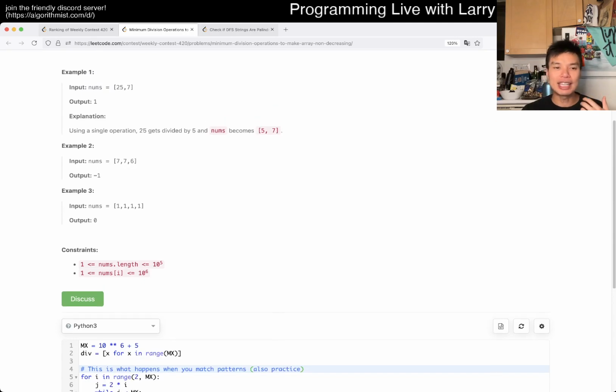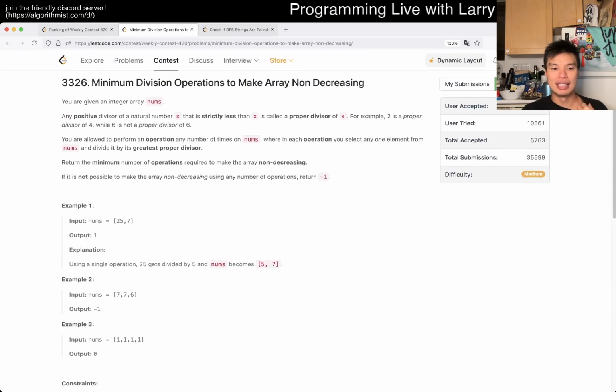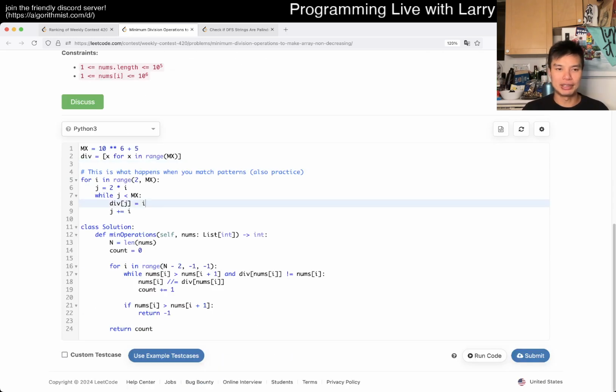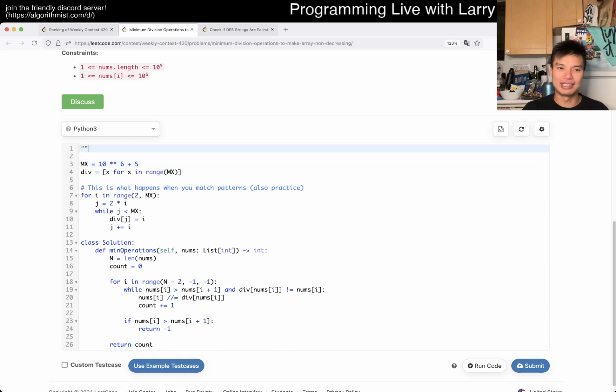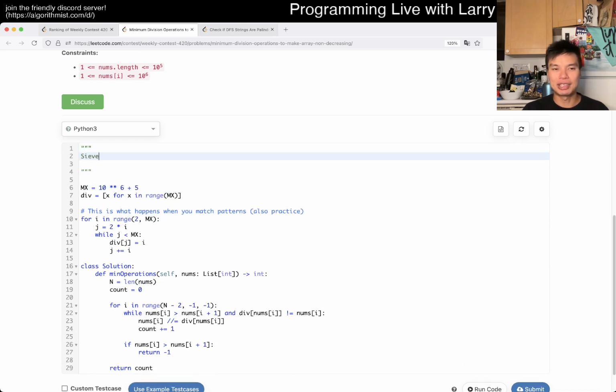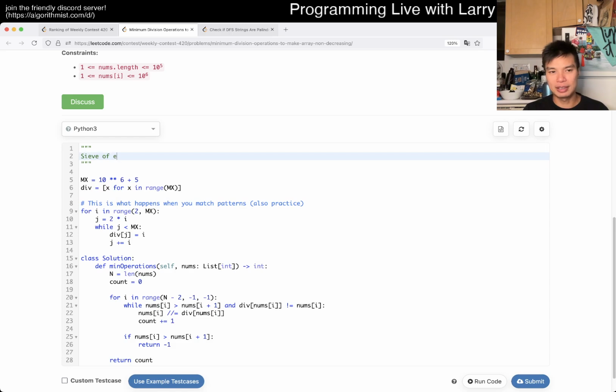The next part is to figure out how to get the greatest proper divisor. There are a couple of ways to do it. The way I did it during the virtual contest is by using the sieve, which I'll put up here. As you can see, the code is very short and tight.